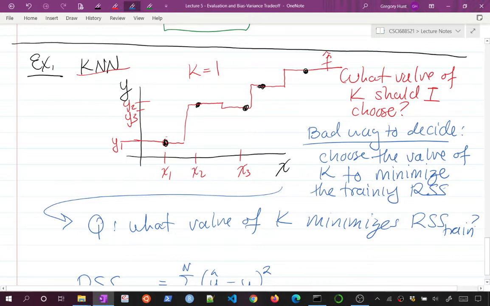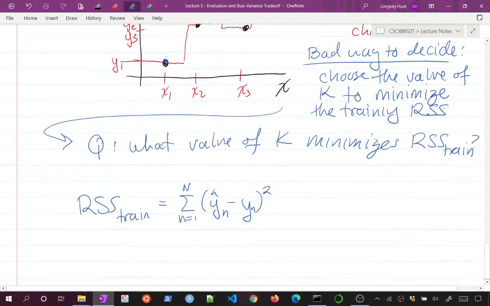In this case, if I look at, so this is my training data, x1, x2, x3, etc. This is y1, y2, y3, etc., right? Well, my predicted values, my red line here, is basically my f hat, right? That I fit with my one nearest neighbor algorithm. What's my predicted value at x1? It's just y1. What's my predicted value at x2? It's y2, x3, y3. And so this whole thing is 0 because for k equal to 1, y_n hat is just going to be y_n, right? I'm interpolating my training data. So the RSS training is 0.